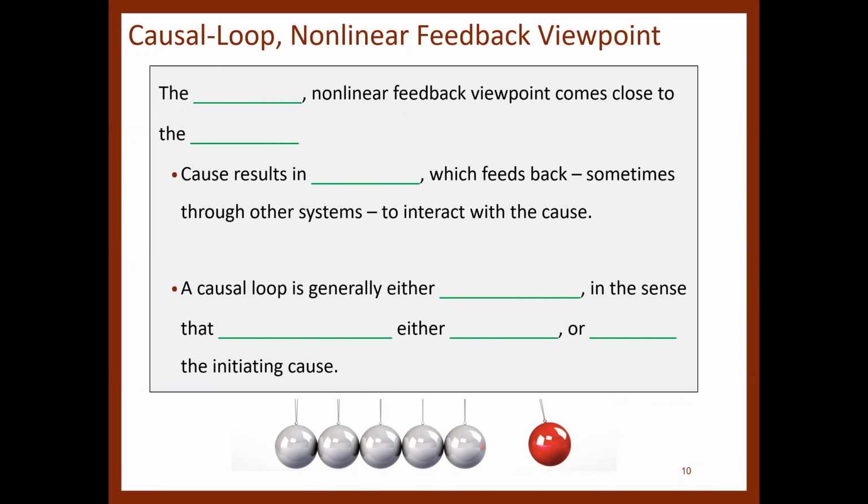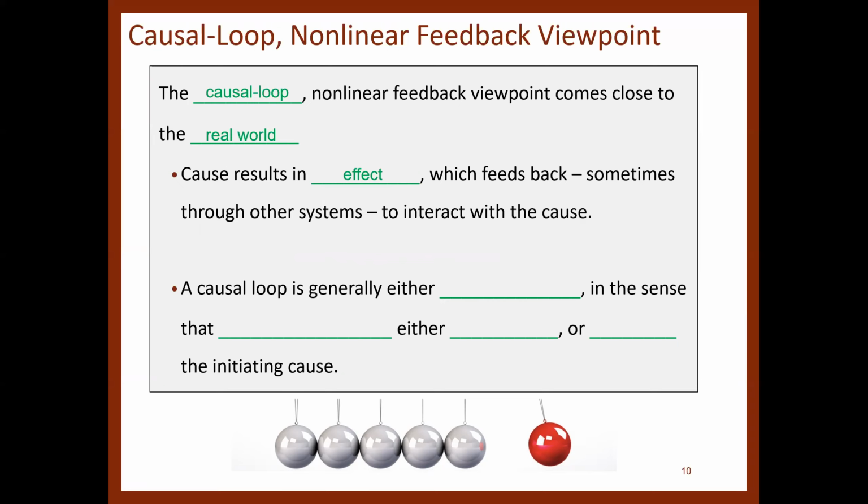And the last one is the nonlinear feedback. The causal loop nonlinear feedback viewpoint comes close to the real world, and that's what we are trying to use here in our modeling of systems.